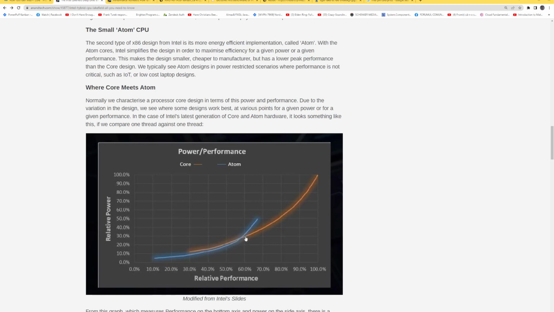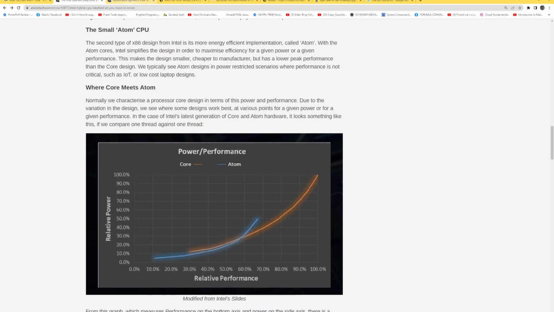So I just want to make it clear that the big cores could be very efficient. You just have to reduce the frequency, which processors in general do automatically, but it's a misunderstanding that the big cores are not efficient.